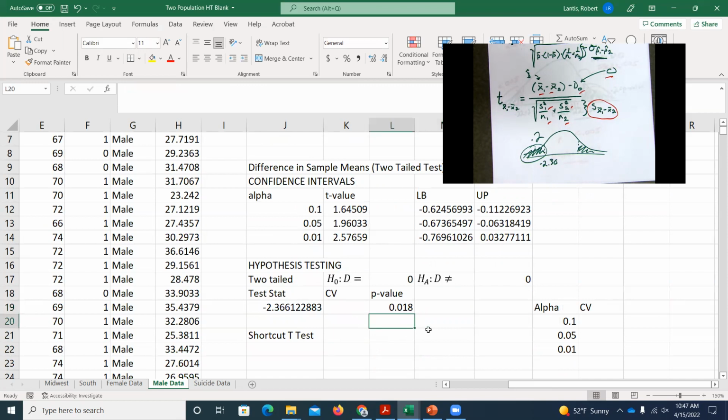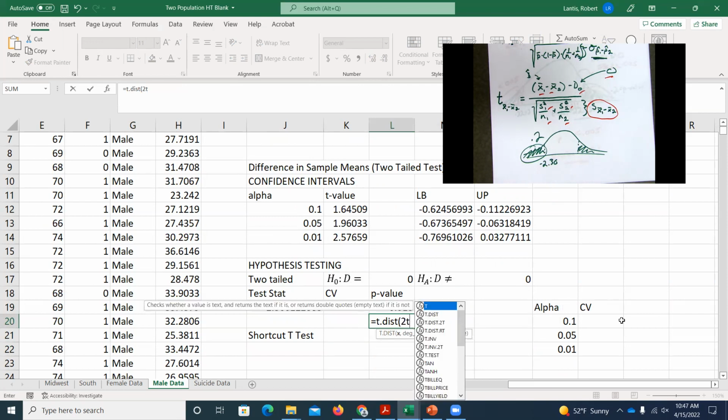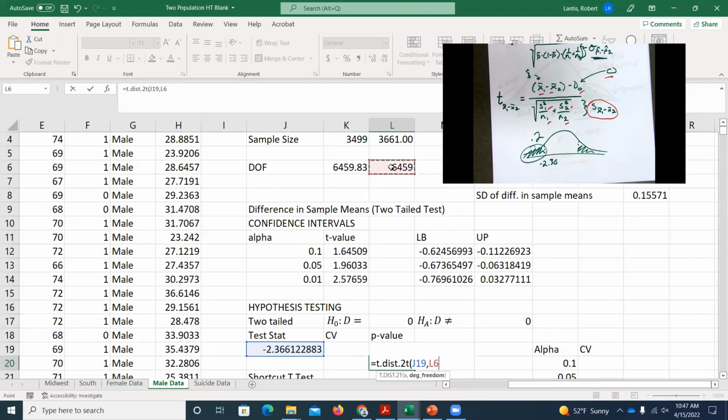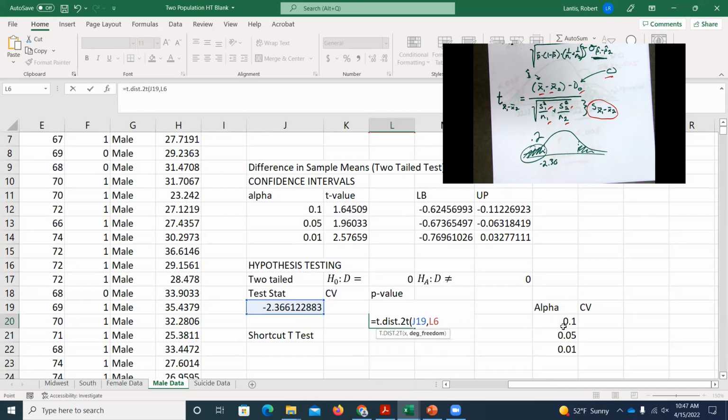I want to remind you of something I've shown you before. If you have a two-tailed test, you can use t.dist.2t, tell it your test statistic, comma, tell it your degrees of freedom, and it should give you the same value. The only issue is, do you remember what I said for the one population examples?